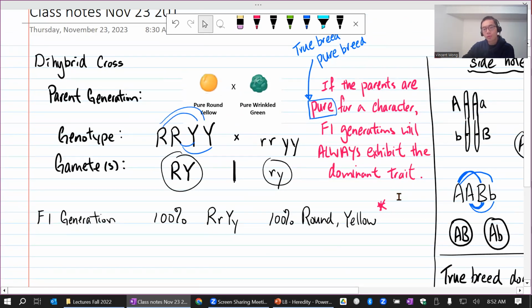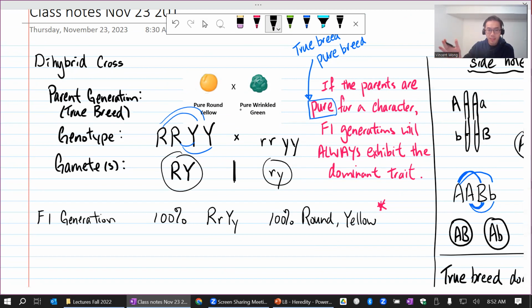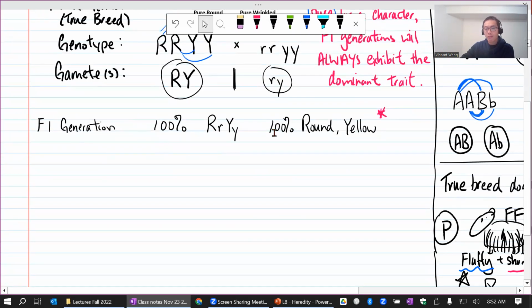So just to quickly recap, the parent generation, they are true breed. Okay, so that's why it's big R, big R, big Y, big Y, like it says in the question, right? They're pure. Pure means true breed, pure breed, same meaning. So we created all these individuals in the F1 generation.